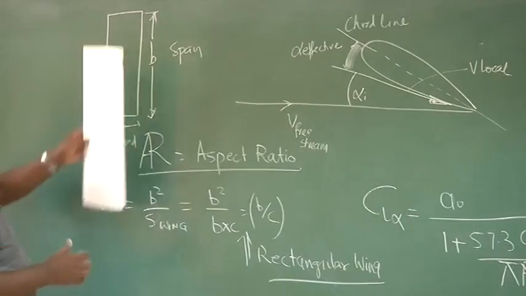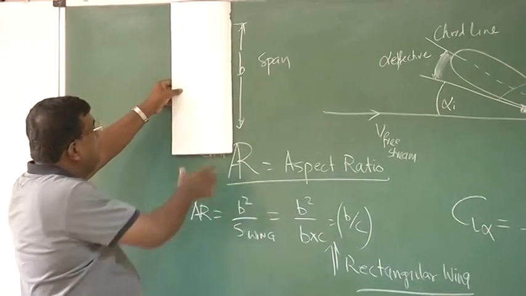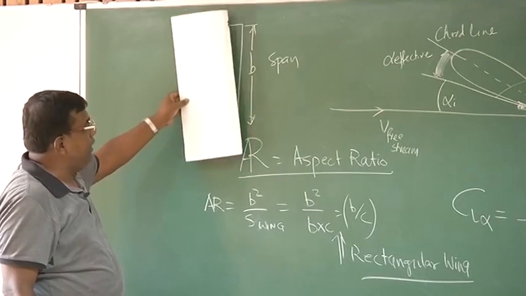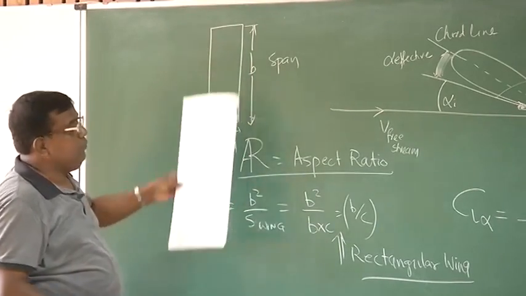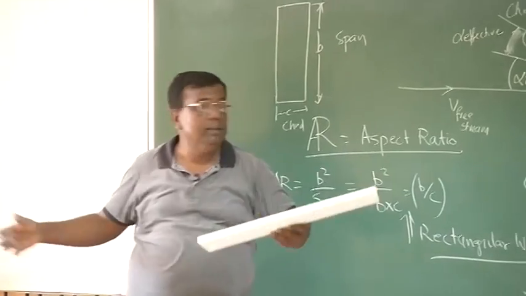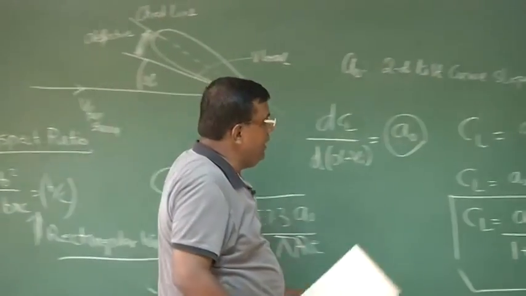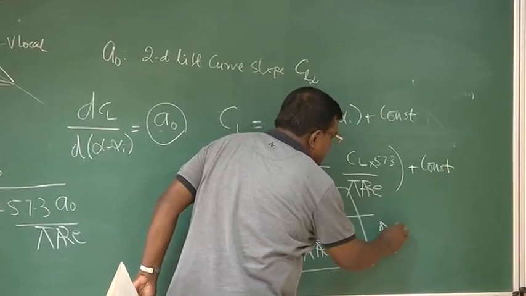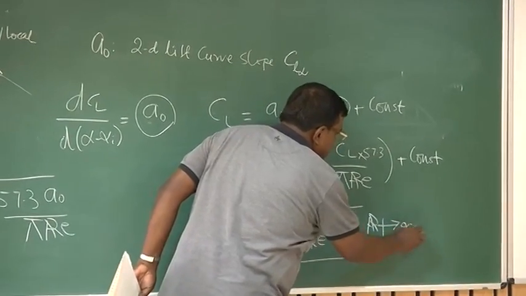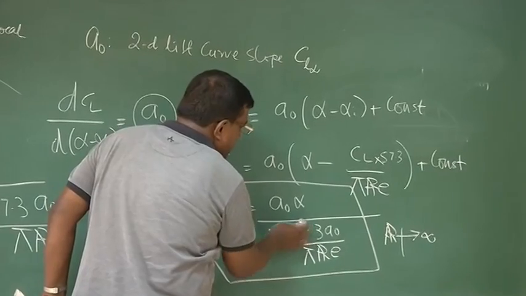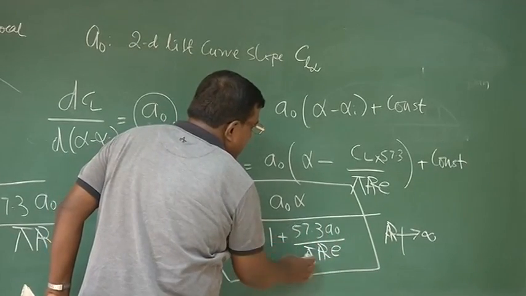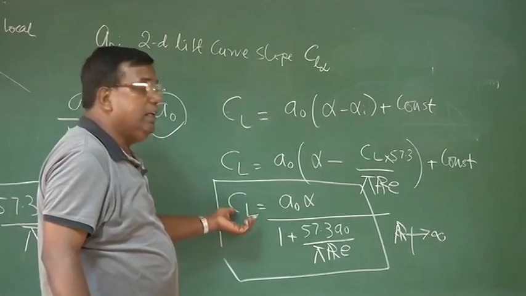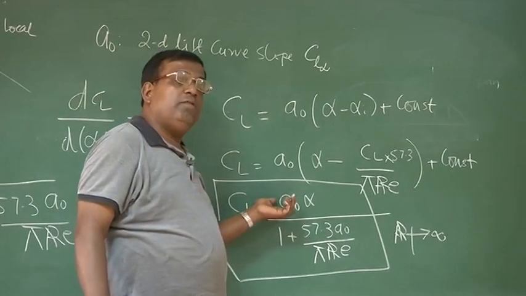Now see, if this is the wing and the span is increased to infinity, what will happen to the aspect ratio? So the aspect ratio also will become infinite. If aspect ratio becomes infinite, very large, then this term will become 0. So in that case, the CL will be the same as the CL you get from 2D.